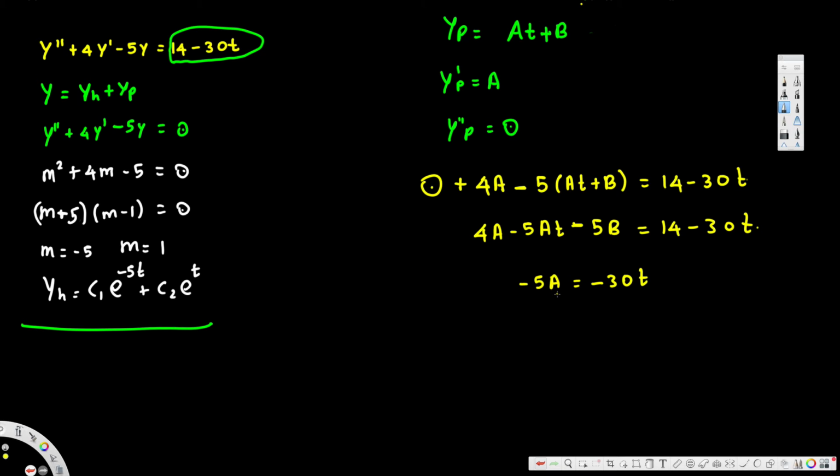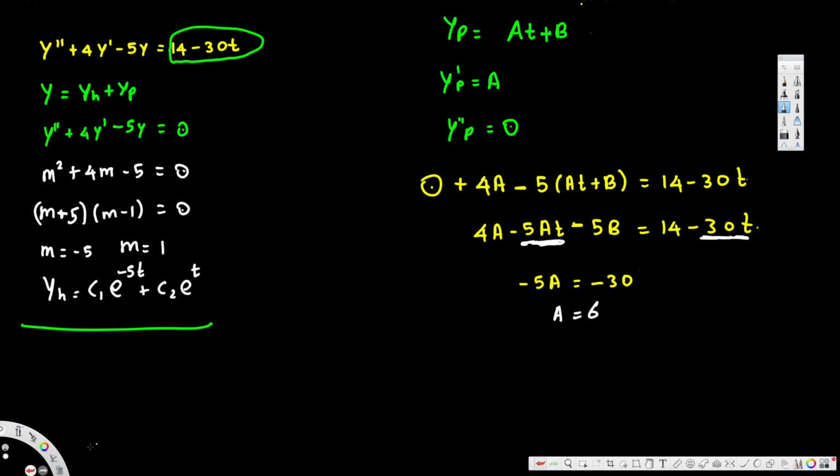We can just neglect the t and equate 5a equal to 30. If it's t, we have to compare t terms. For example, if it's t square, you just look at the things with t square and equate both of them. Here we have t, that is minus 5a coefficient in front of that, negative 30 coefficient in front of this one. From this one you can solve: a is equal to 6.